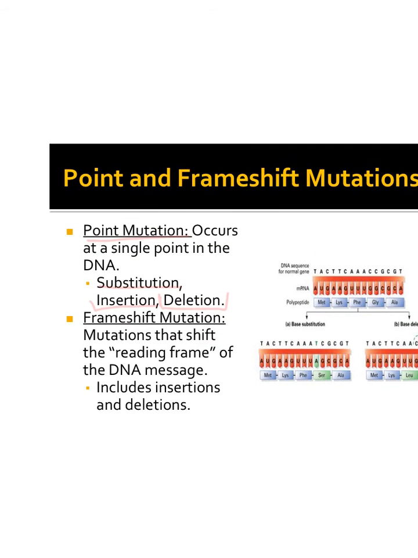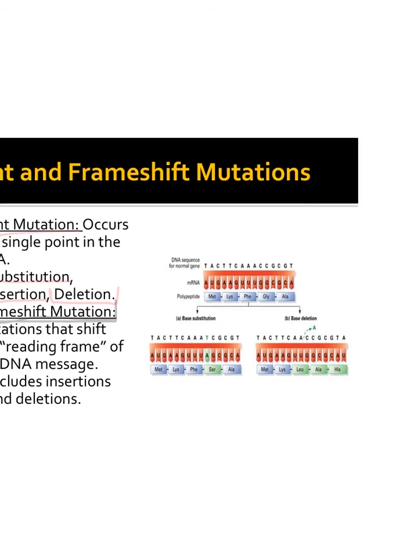Insertion and deletion are known as frame shift mutations. They are a lot more dangerous than substitution. Frame shift mutations shift the reading frame of the DNA message, and I want to take a look at this so we can put it into context.